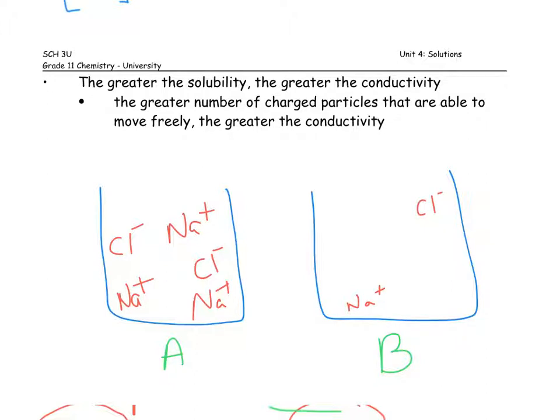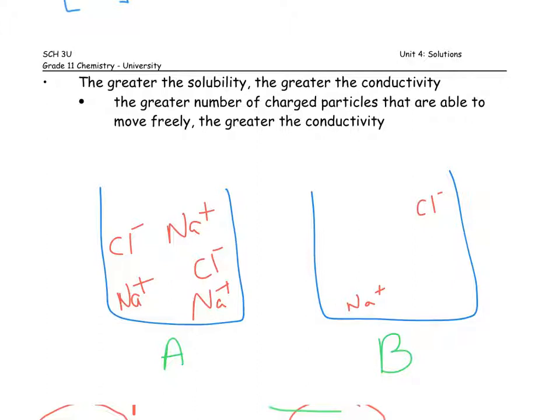Well, you'll remember that electric current is basically just moving charged particles. So if I had electrodes in this, you'll remember that we had this connected to a circuit before, and we had a little light bulb, right?